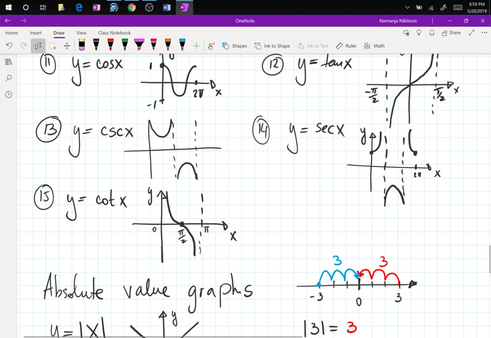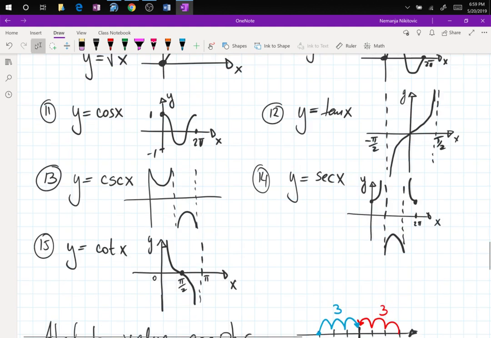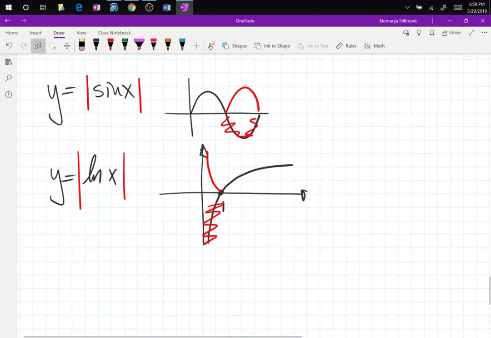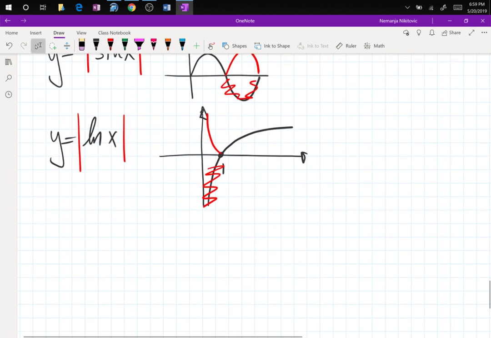So that is your first step in being successful in calculus. Learn concepts rather than examples, because the concept you learn will be applied to all of these. Great. The next part is a piecewise function.